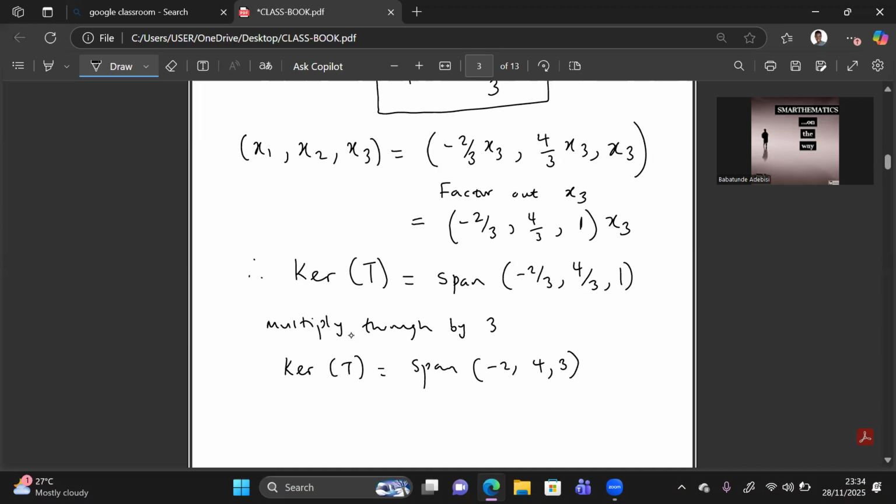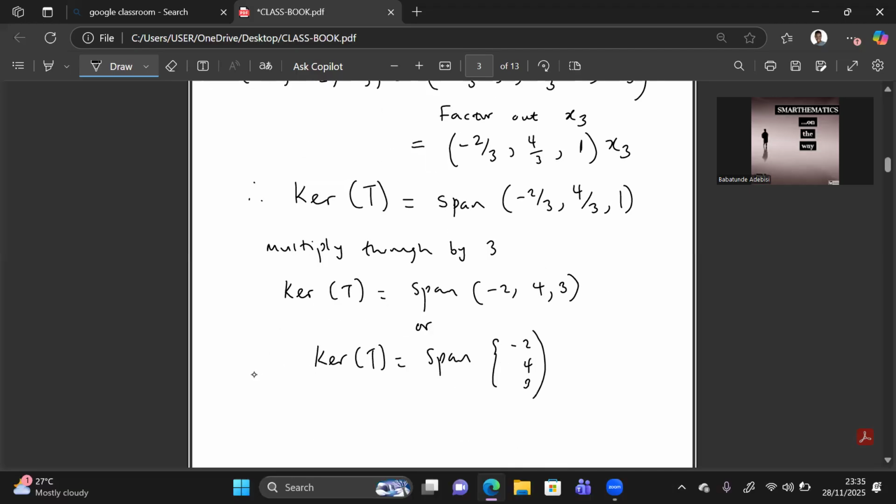If you don't want to write it this way, another way you can write it is kernel of T equals span of, in set form this way, -2, 4, 3. You can put it this way, still okay. All right, so we are done with the range and the kernel.